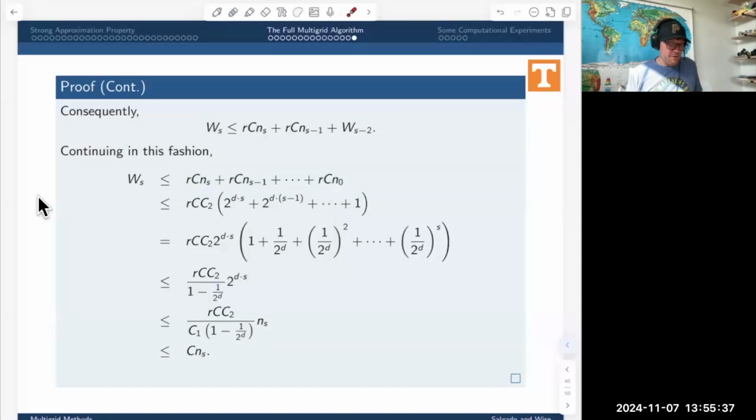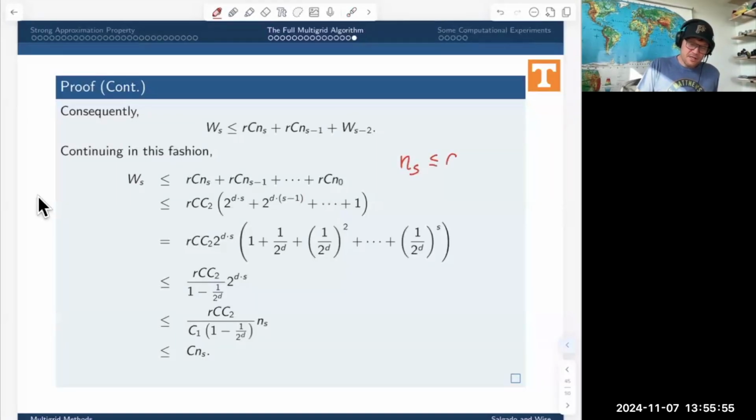We can take the maximum of those constants, but those constants are roughly the same anyway, so we don't have to worry about that. Now, the next step, we're going to replace these NS's using this estimate.